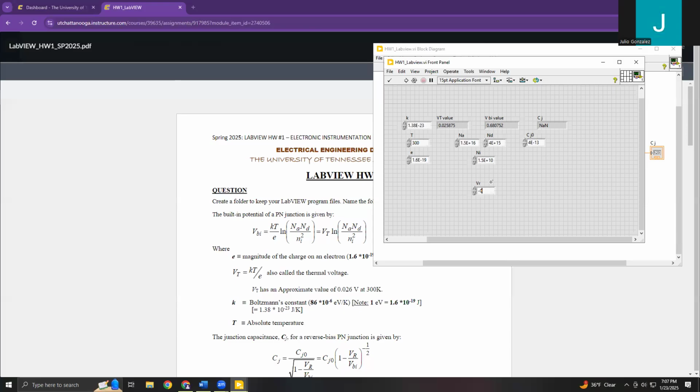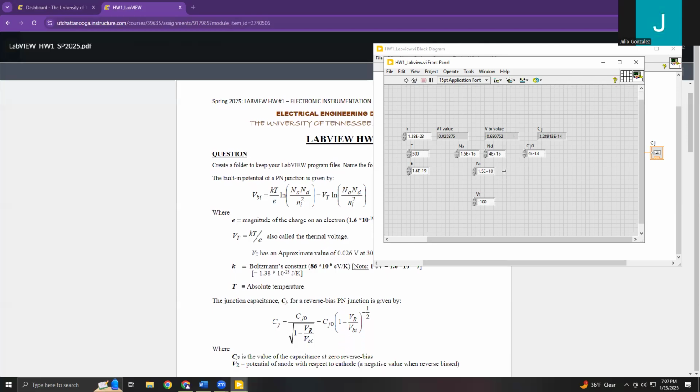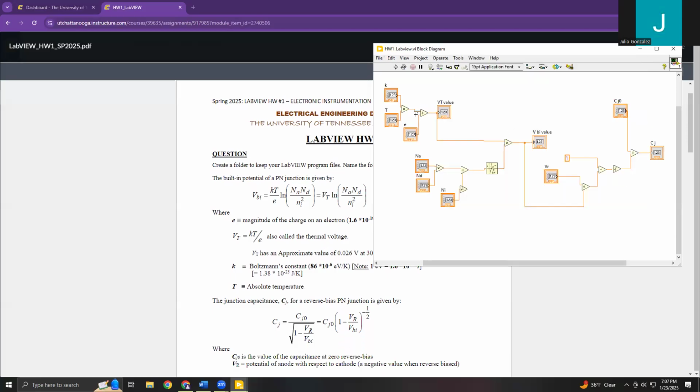This one should give us a value because it's negative. That basically shows you how to get the junction capacitance of a reverse bias p-n junction with this program.